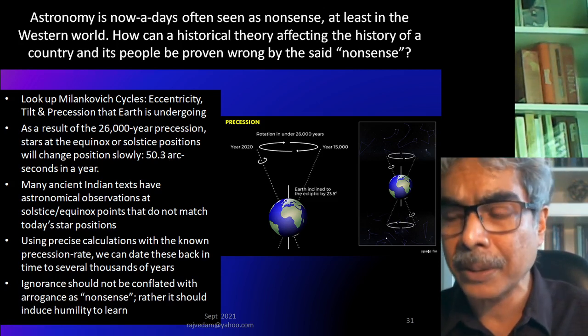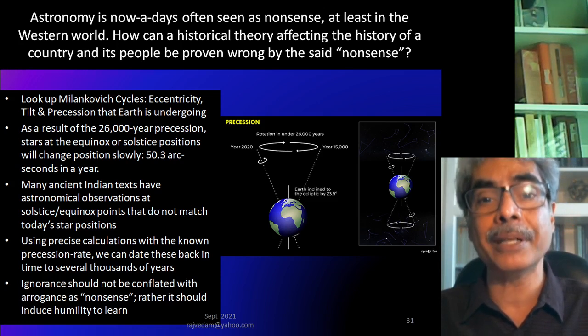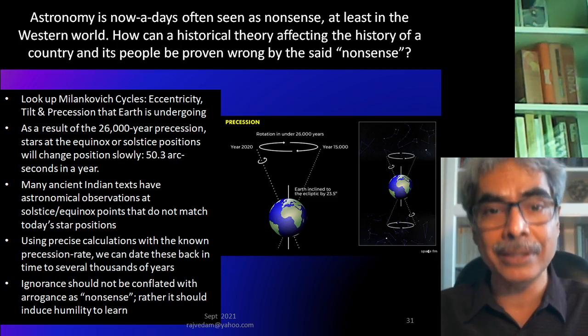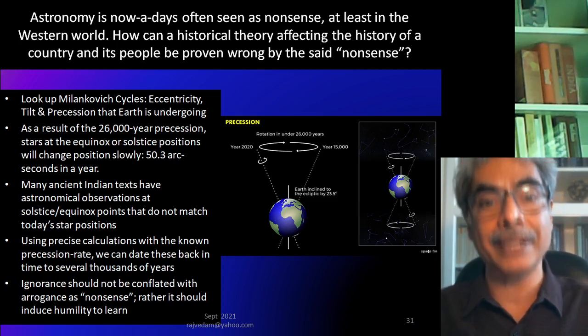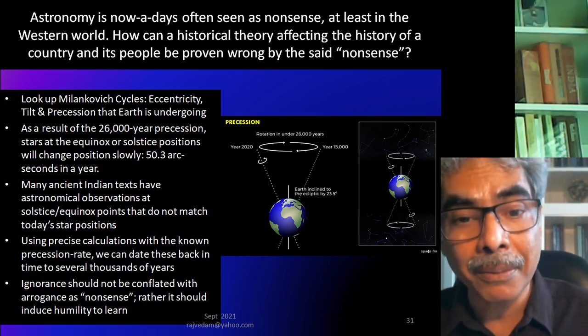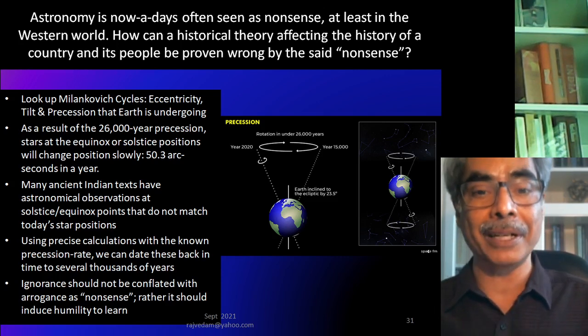And it turns out that many of the Indian texts have observed astronomical phenomena at the solstice or equinox points because New Year was observed with the equinox and such things in ancient India. So today those star positions are not matching with what we have today. The ancient observations do not match what we have today.